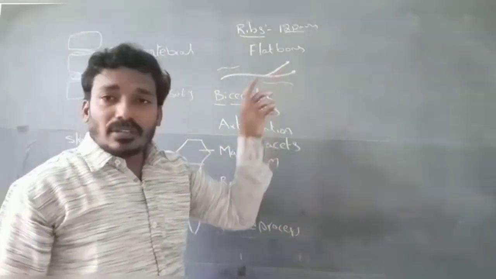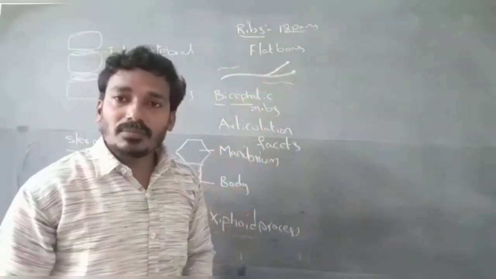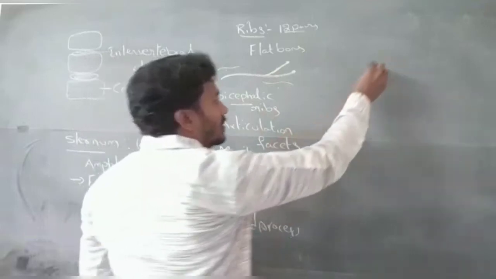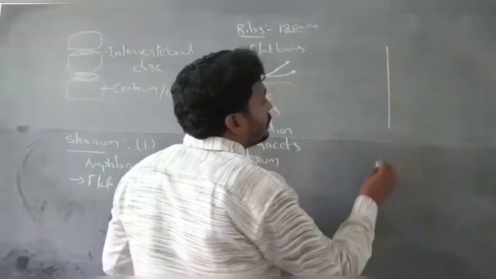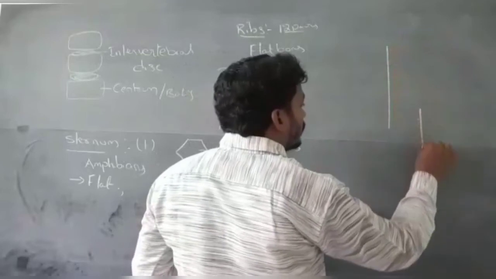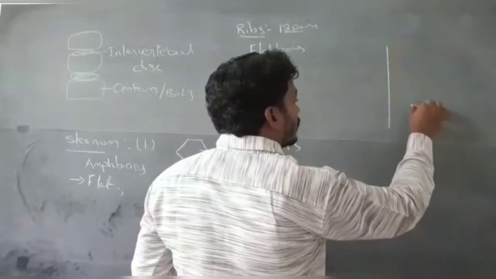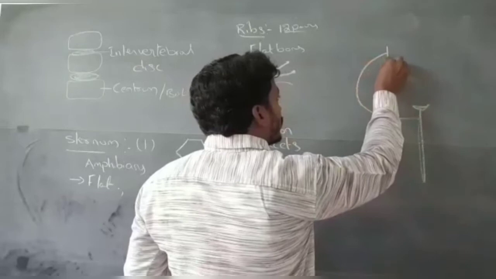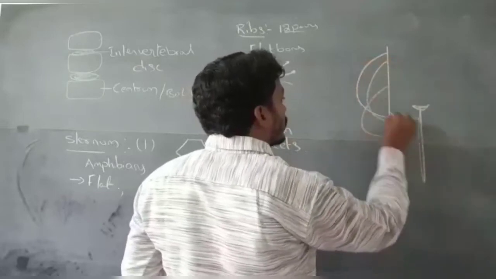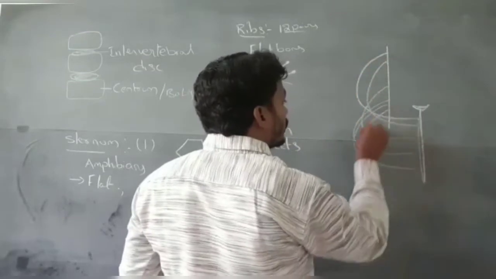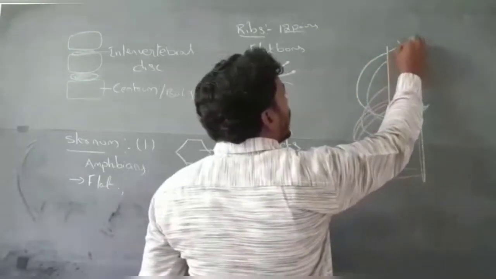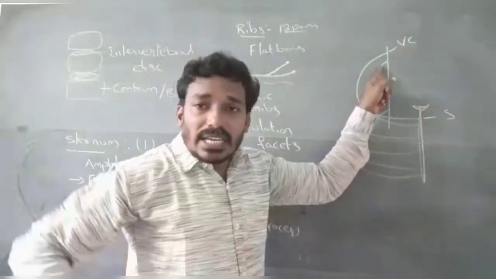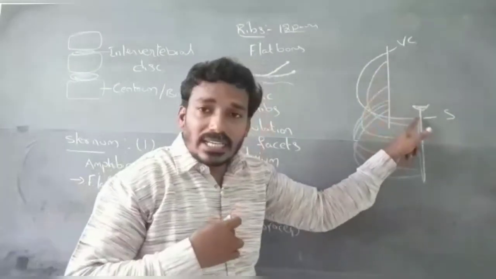Ribs are dorsally attached with the vertebral column and ventrally attached with the sternum. This is the vertebral column. This is the sternum.